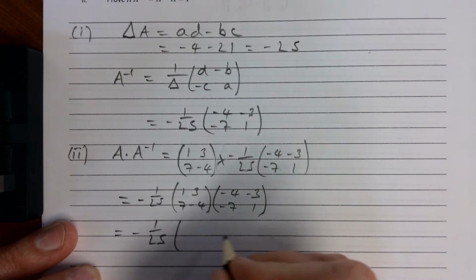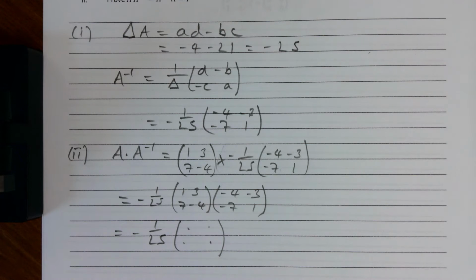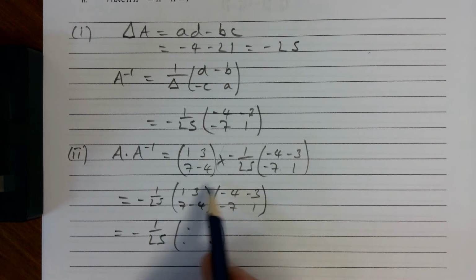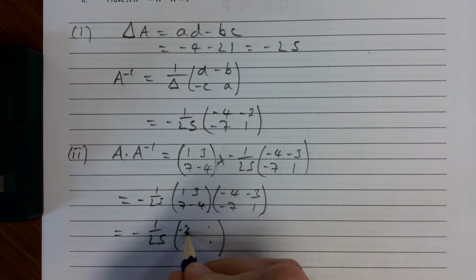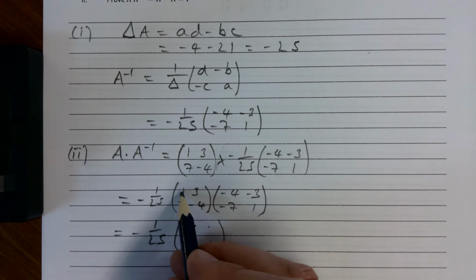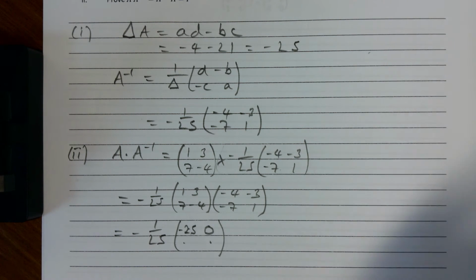Again, we can multiply these. They're both 2 by 2s, and the result will be a 2 by 2. You get well used to that whenever you're dealing with square matrices. First row, first column: minus 4 plus minus 21, that gives me minus 25. First row, second column: minus 3 plus 3 is 0.